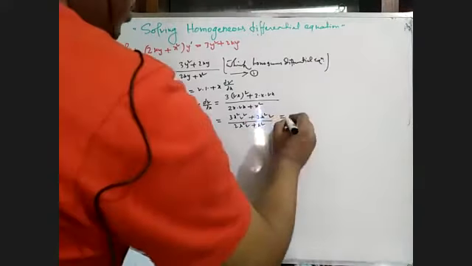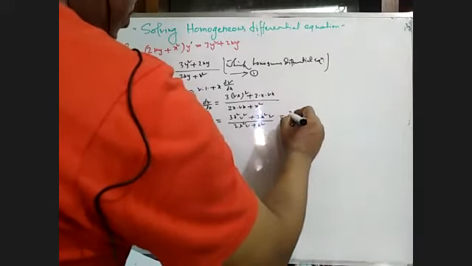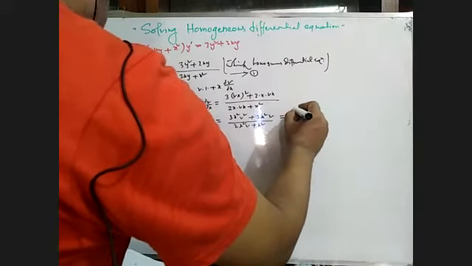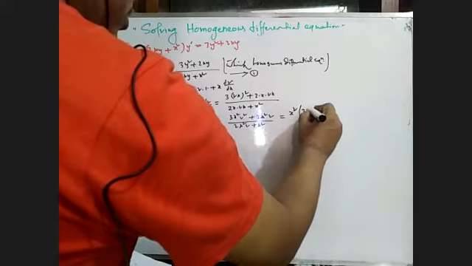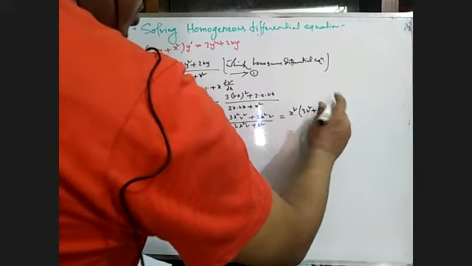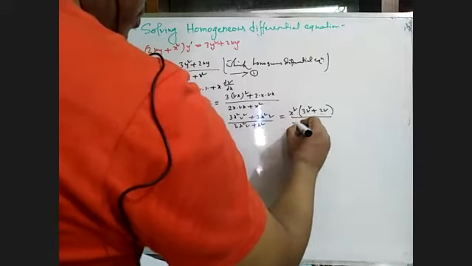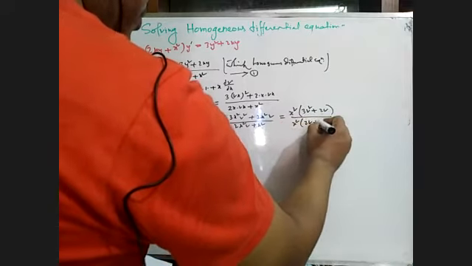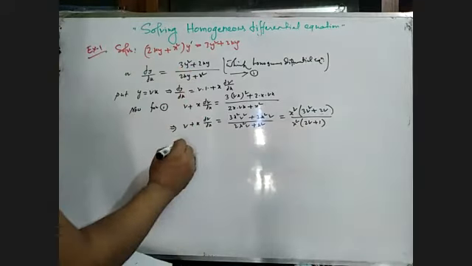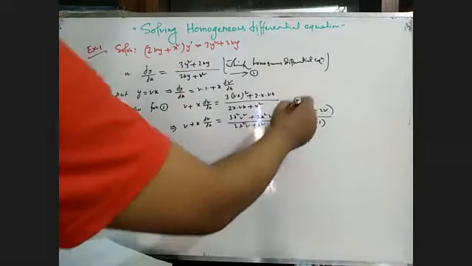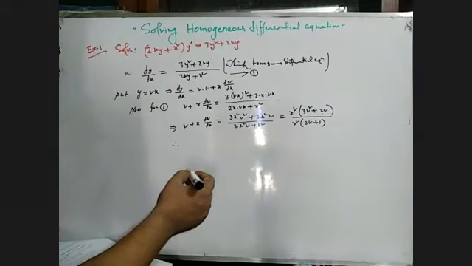So this can be written as x square will be common, then (3v square plus 2v) divided by (2v plus 1). That means x square will be cancelled.